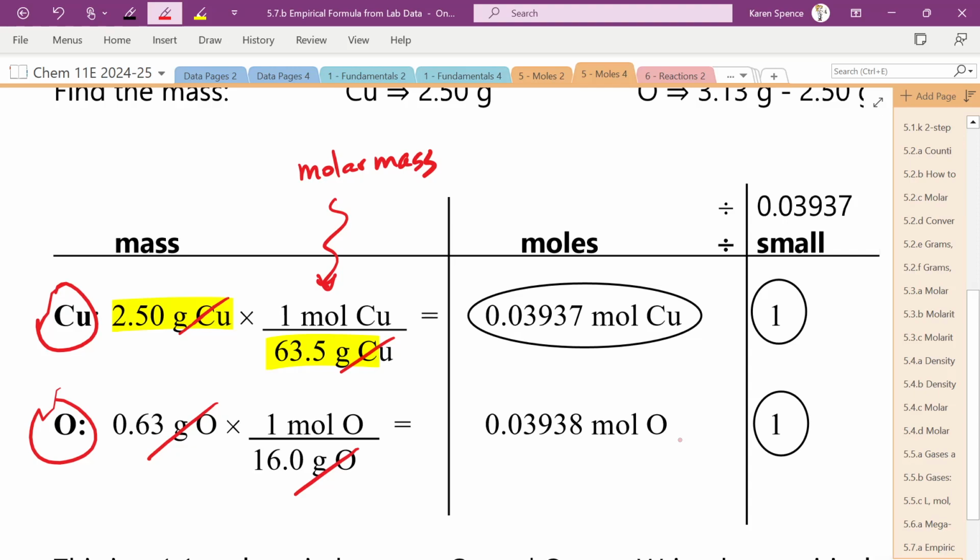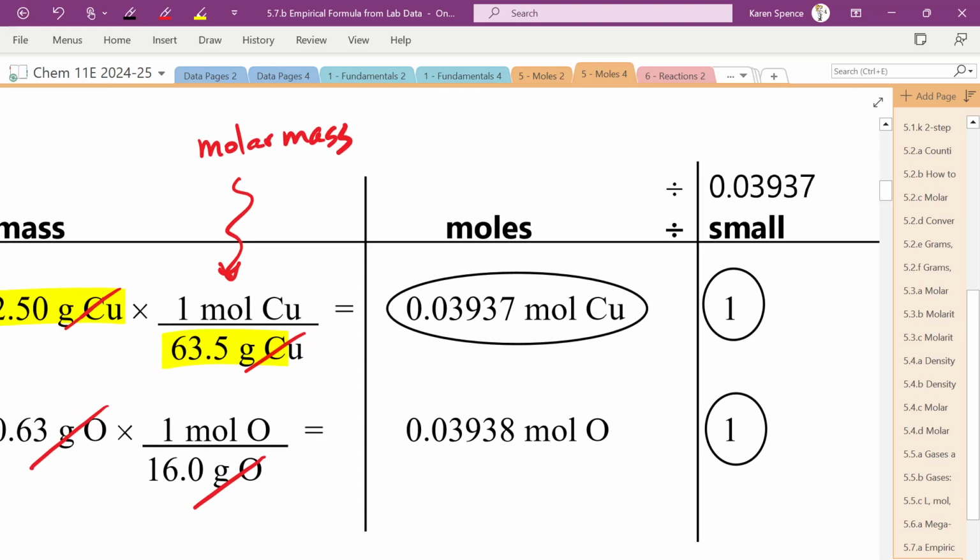Now, find the mass, mass to moles. What comes next? Divide by small. Now, in this case, they're almost exactly the same, yes?